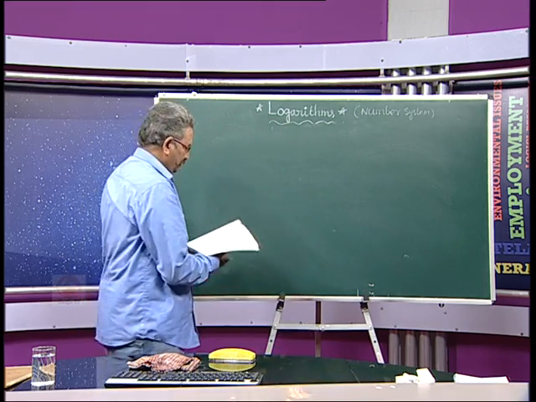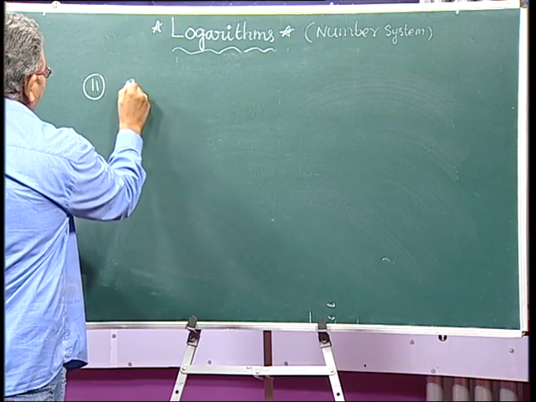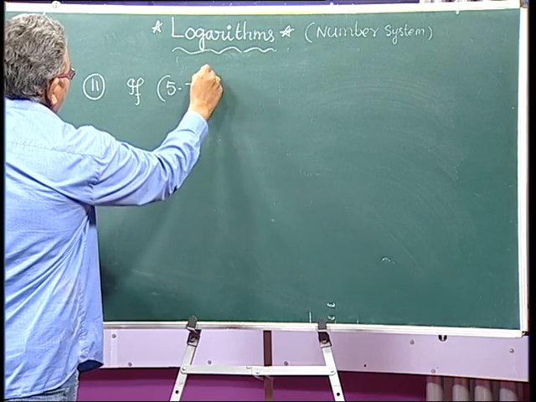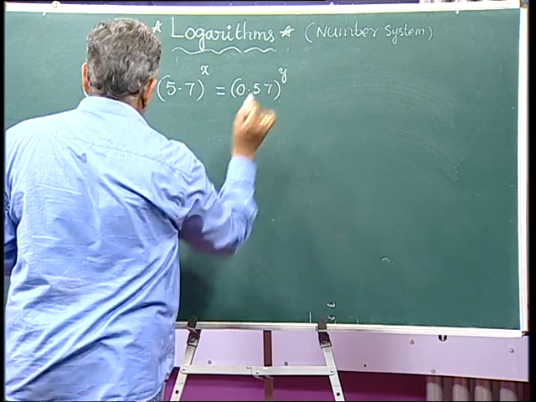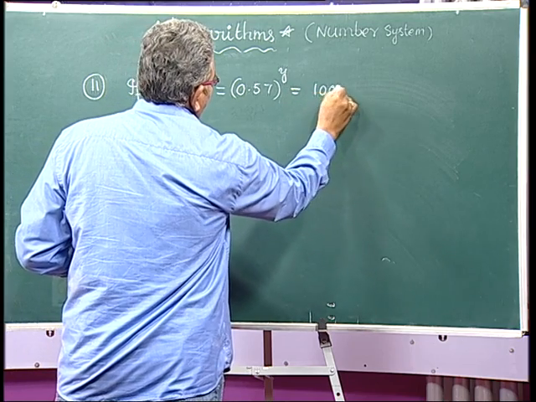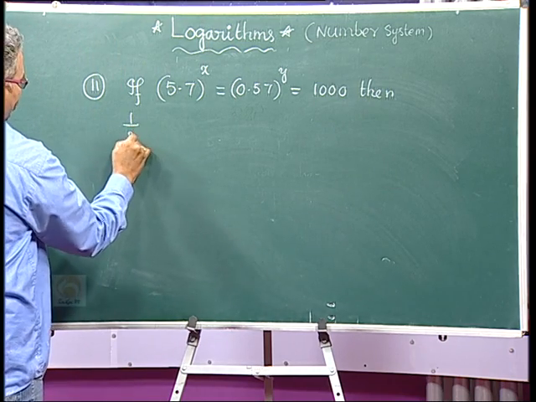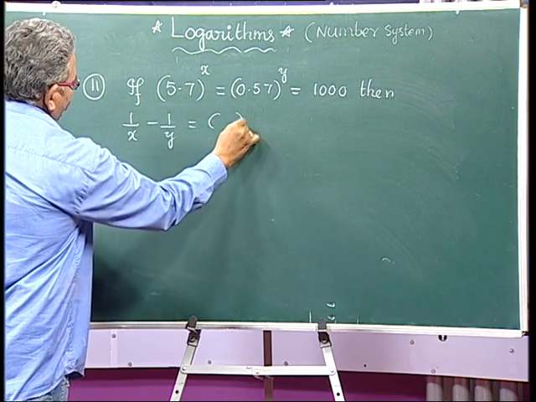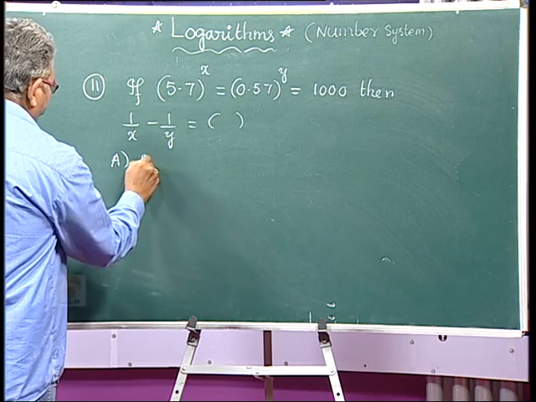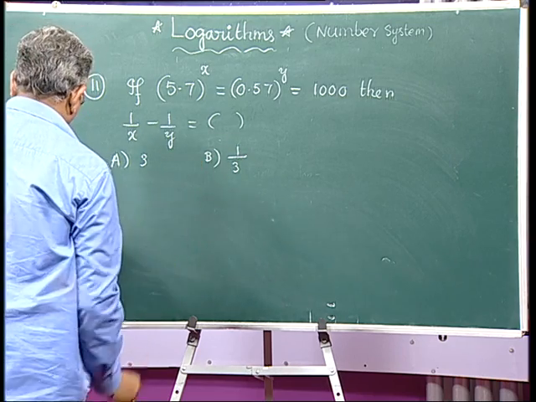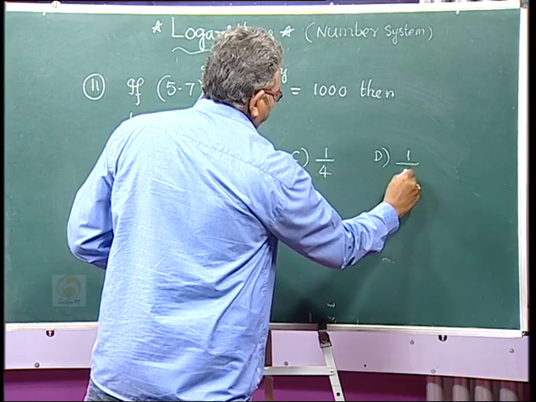Okay, next question. If 5.7 power x is equal to 0.57 power y is equal to 1000, then 1 by x minus 1 by y equals to, see, A 3, B 1 by 3, C 1 by 4, D 1 by 5.